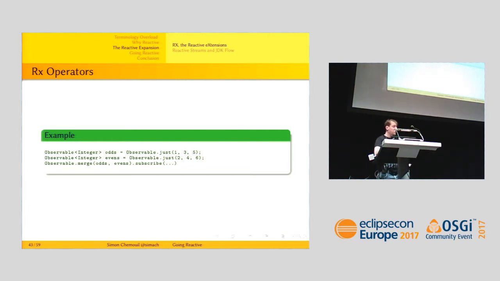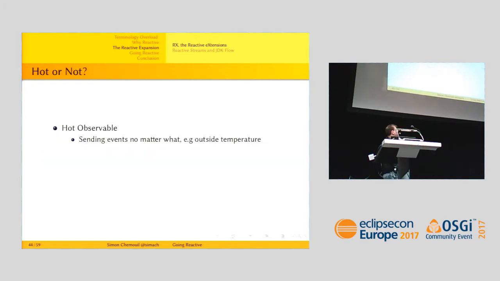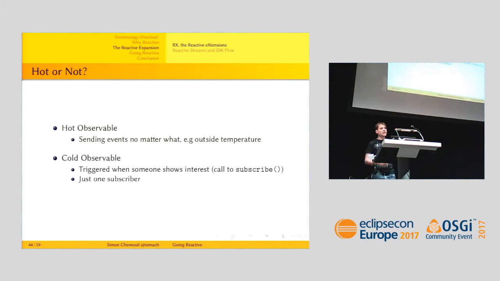And something else that they gave in terminology is this notion of hot versus cold observable. What we had in the example was a hot observable. It was sending events no matter what, and so it was parallel. In a cold observable, it's only triggered when someone shows interest, and only that someone is going to get the values.